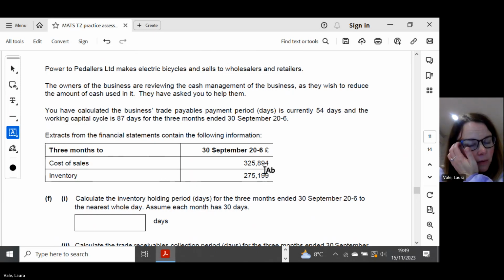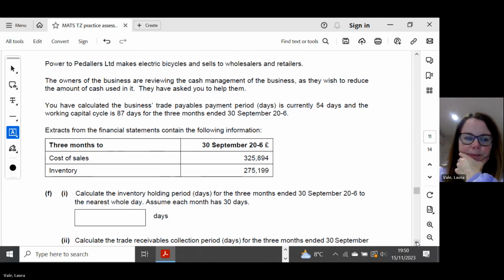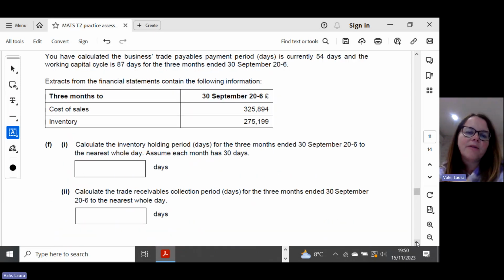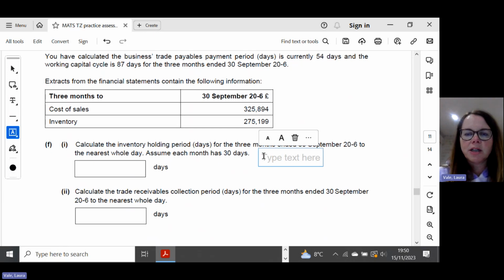So what we've been asked to do, calculate the inventory holding period for the 3 months to September. We've got to do it to the nearest whole day, and we've got to assume that each month has 30 days, even though we know it hasn't. So 3 months of 30 days is obviously 90 days. So when we do our inventory holding period, we're going to do 275,199. We know that we divide that by cost of sales.